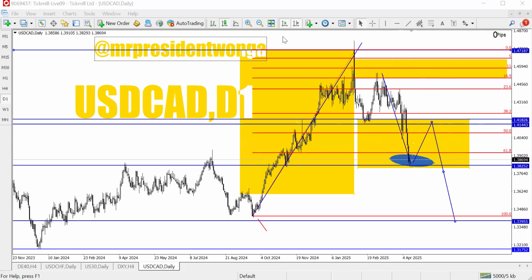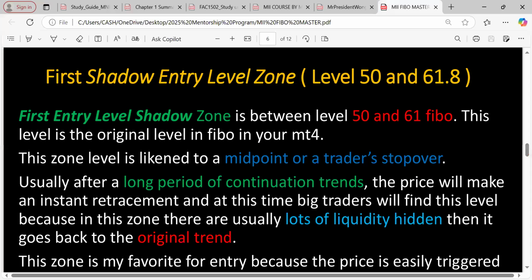Okay, let's quickly go back to the slides. The slides explain more things. So the first entry is more likely to be between the 50 and the 61 level. You have this level in your MT4.